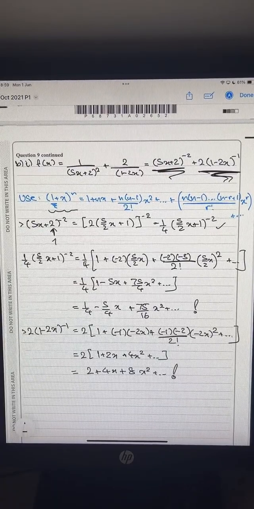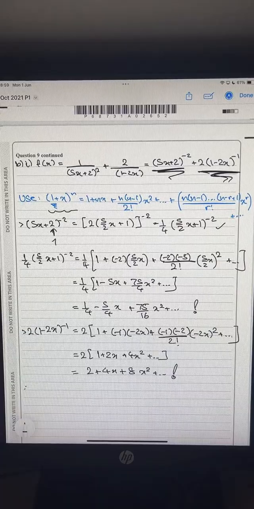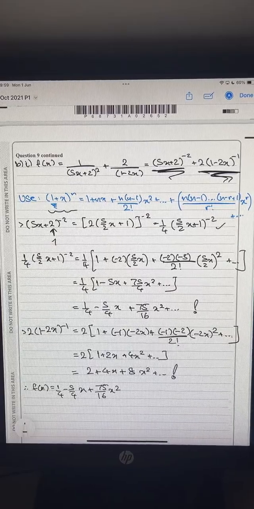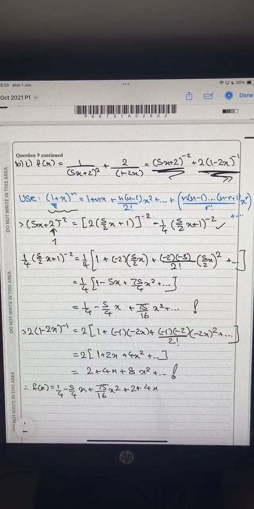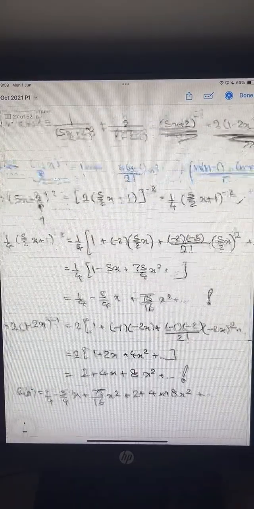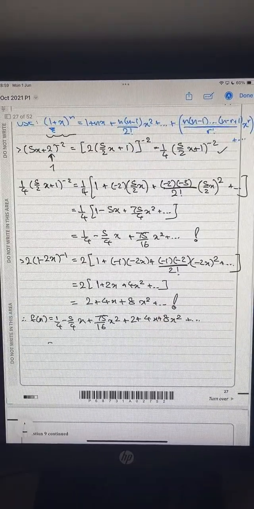And then now I need to just add them together. So therefore, f of x is going to be equal to 1/4 minus 5/4 x plus 75 over 16x squared plus 2 plus 4x plus 8x squared, and so on. And all I need to do is just collect like terms and simplify this.